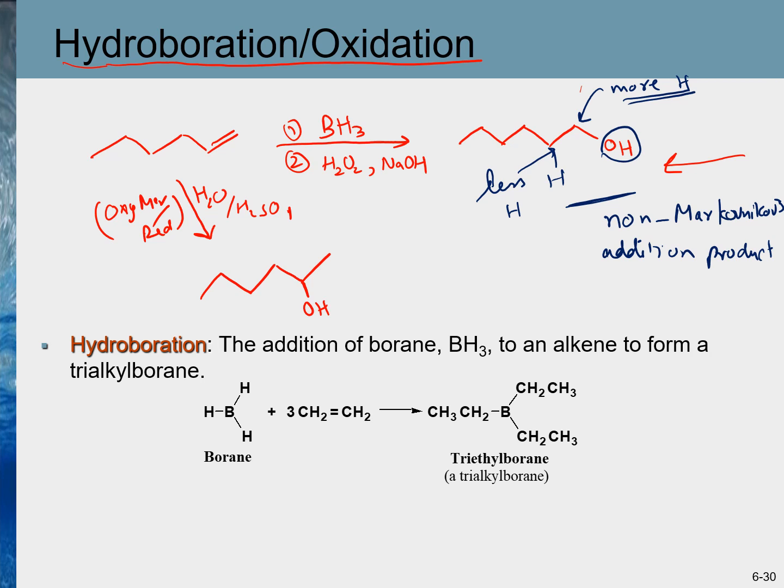As we mentioned, this reaction has two parts. In first part, hydroboration takes place. Hydroboration is the addition of borane to an alkene to form trialkyl borane. So one borane is added to 3 alkene molecules, and this reaction actually takes place in 3 steps.